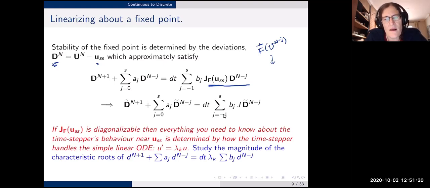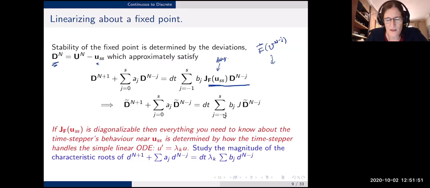Now, if you can diagonalize the Jacobian, then on the left-hand side we have a linear combination of vectors, and on the right-hand side we have a linear combination of matrix times vectors. If it's diagonalizable, then you can diagonalize the full system.